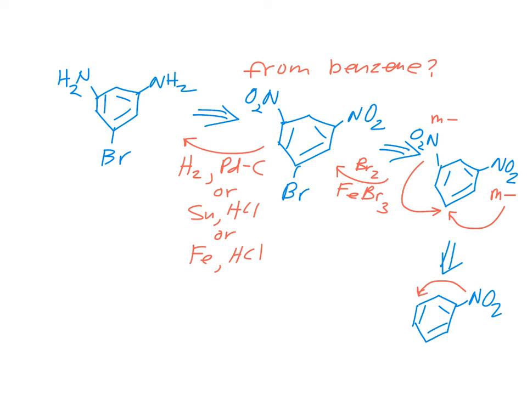If we do that nitration, we'll get the second nitro group meta to the first, right? How do I know it's not going to go over here? The same thing, right? Okay, so this is just nitric acid with sulfuric acid as the catalyst, right? And then we can go all the way back to benzene, same reaction.